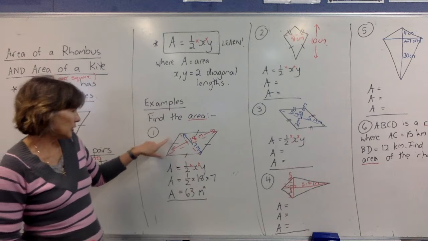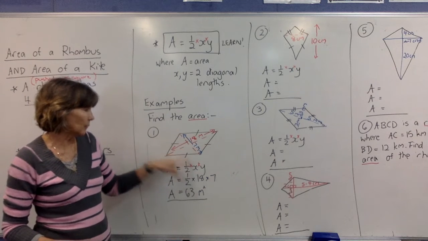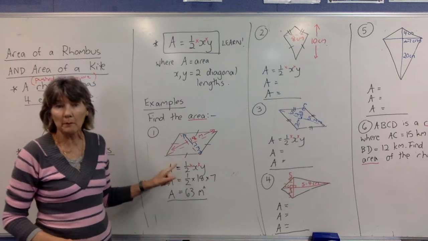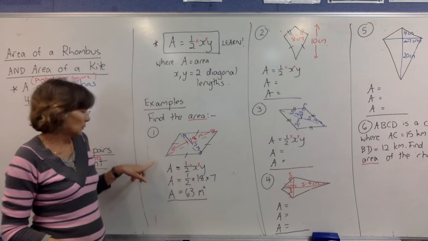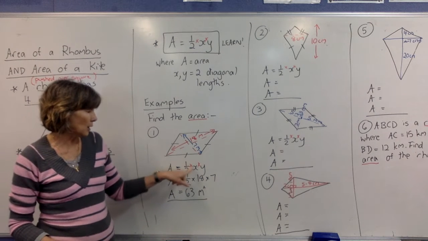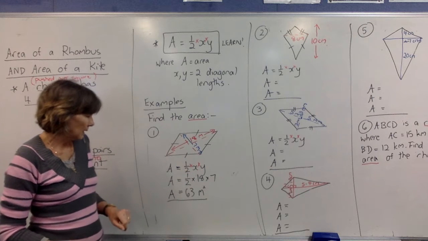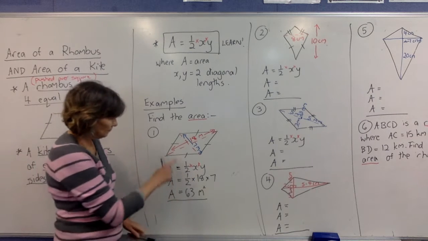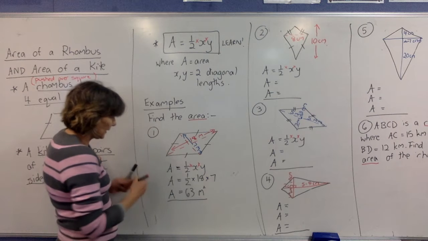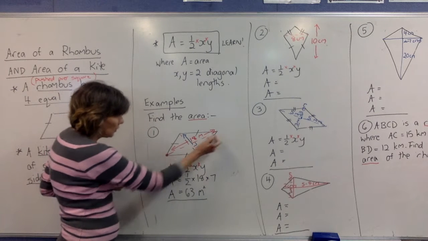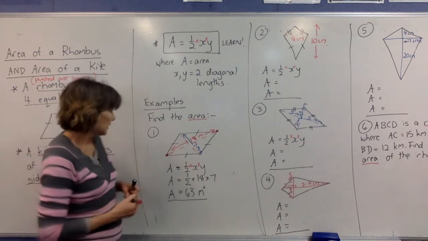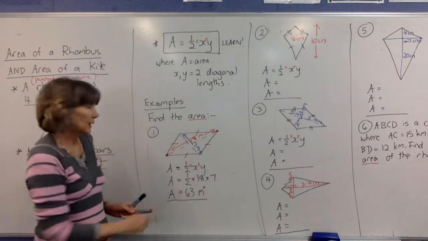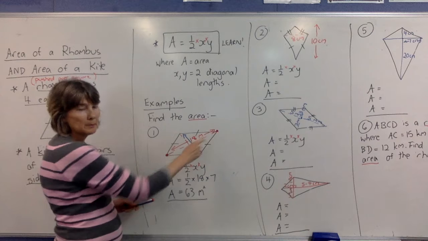Okay, so this shape here has been marked with 4 equal sides, so we know this is a rhombus. So we're going to write down the area formula for the rhombus, which is A equals a half times x times y. Now, if you look at it, going from one corner here to the opposite corner, that whole thing there is called a diagonal. So we want the length of all of that, and they've told you that that is 18 metres.